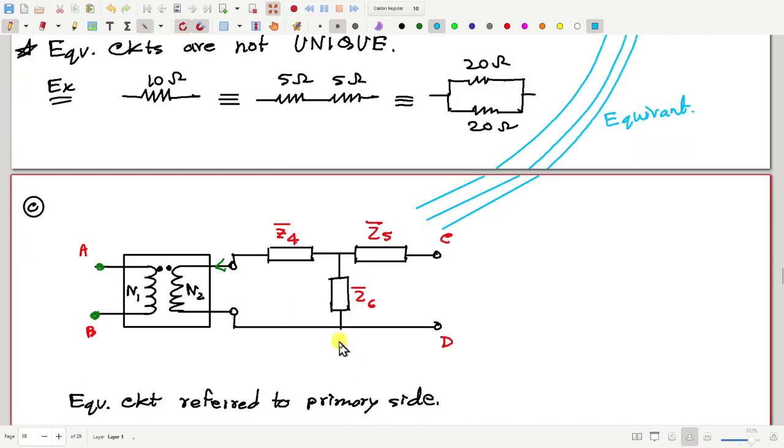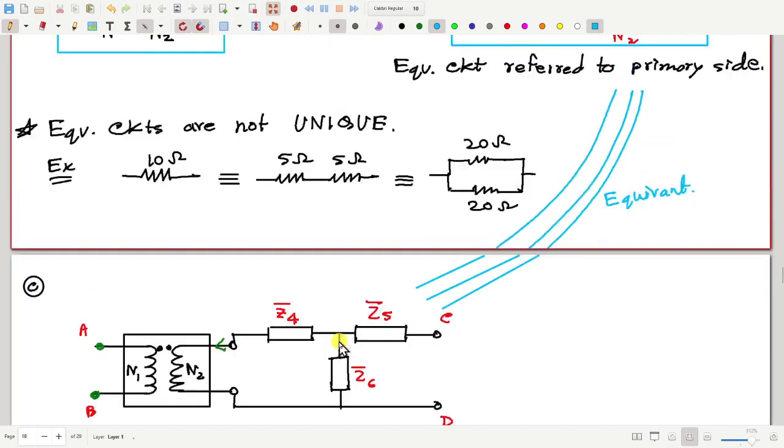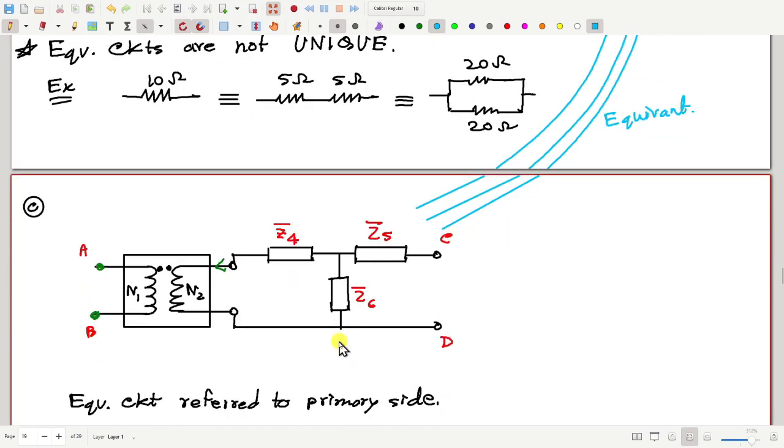In our Tuesday's class, we told this that you can transform voltages, currents and impedances from one side to the other side.